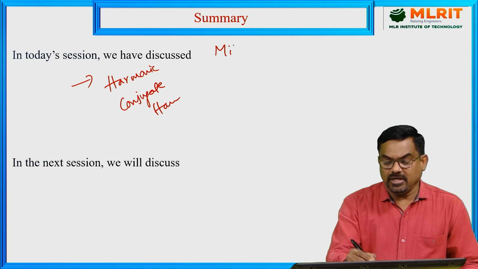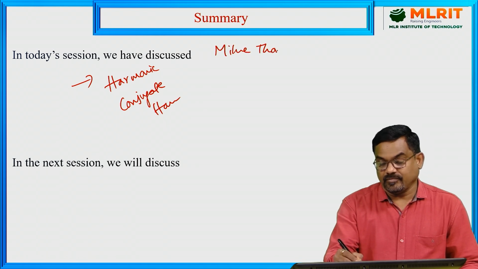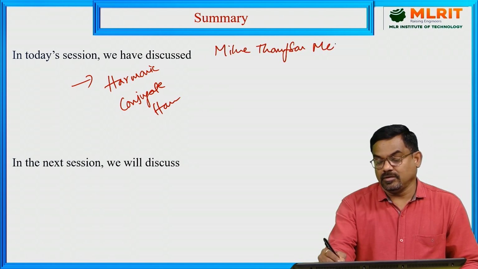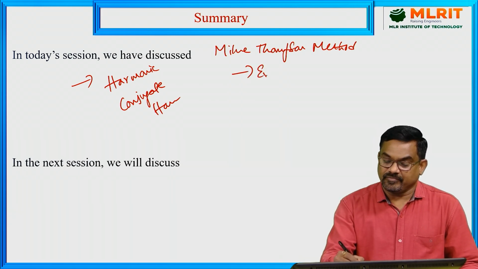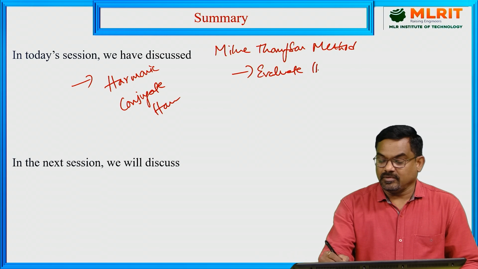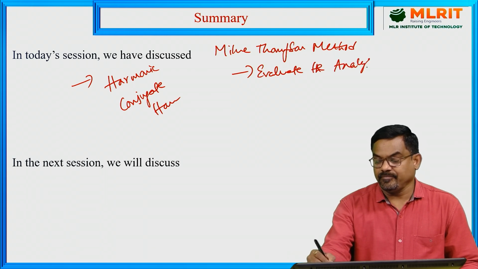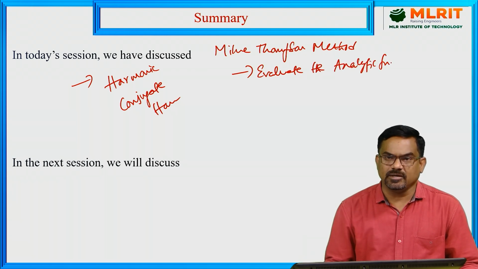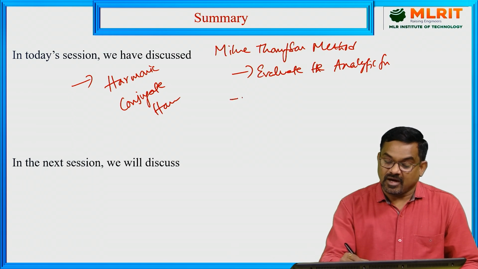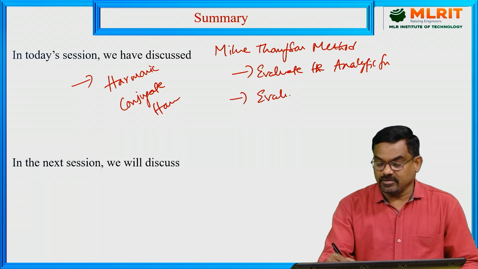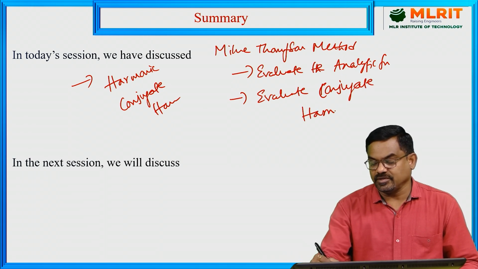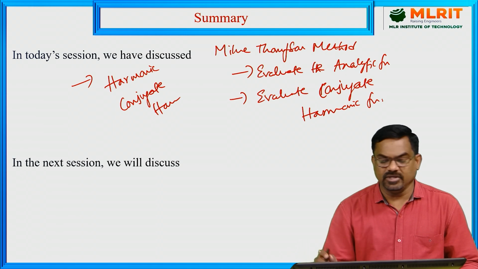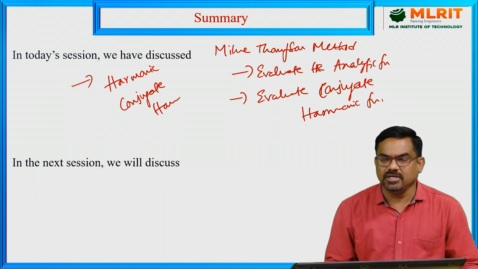So the Milne-Thomson method is useful to evaluate the analytic function whose real or imaginary part is given, and also to evaluate the conjugate harmonic function. So in these two cases, we can apply the Milne-Thomson method.